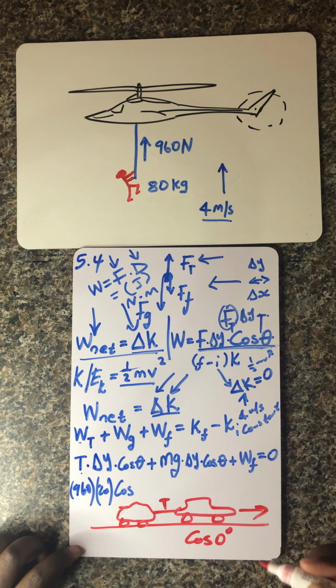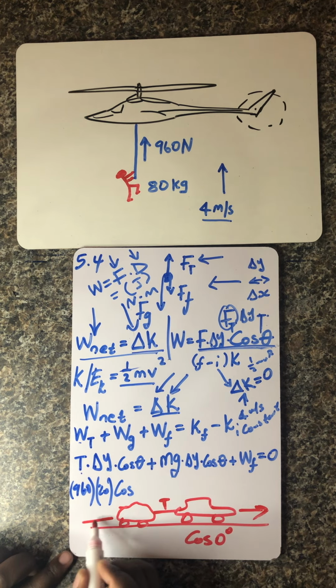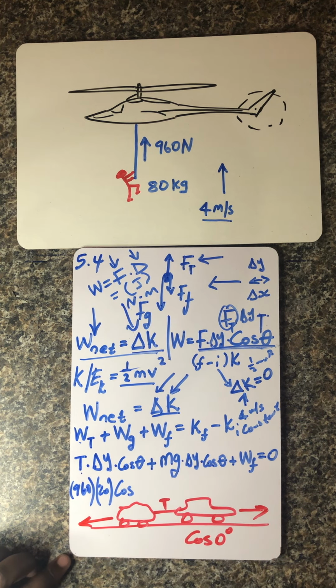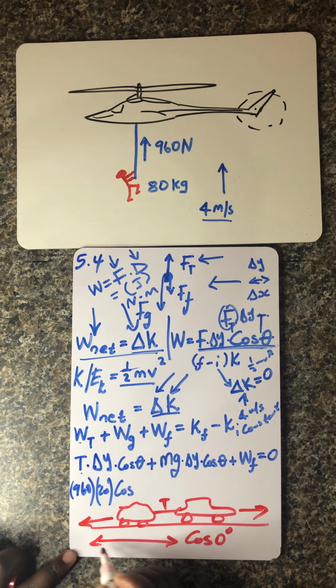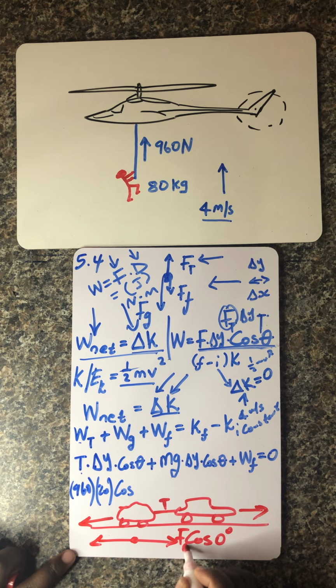So anything opposing the applied force, it's obviously acting in that opposite direction. Okay, so that means you've got a straight line like that, and you've got two forces. That's obviously if you draw a free body diagram. So that force as a result of a tension or applied force, the angle is cos 0.